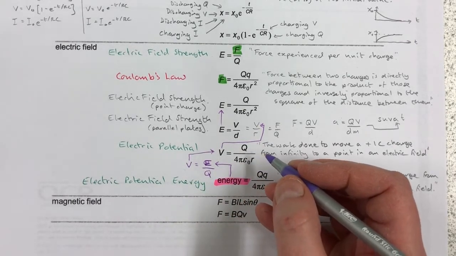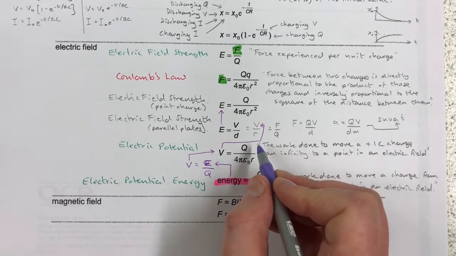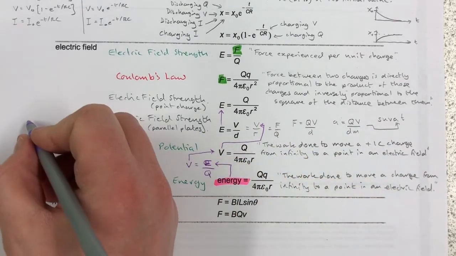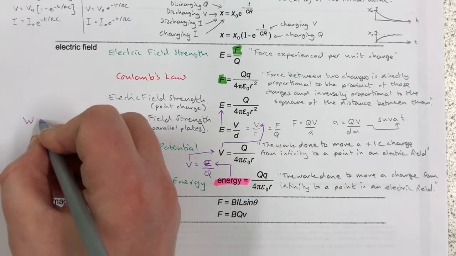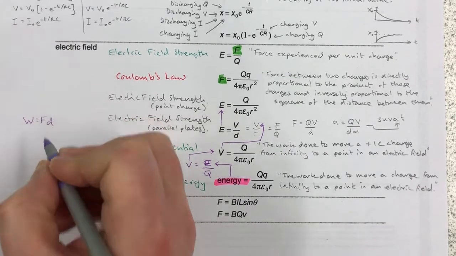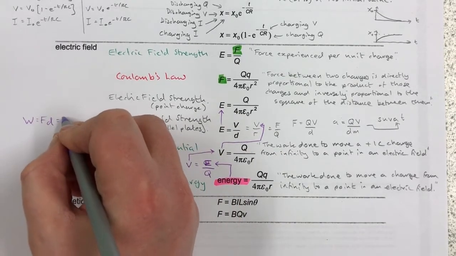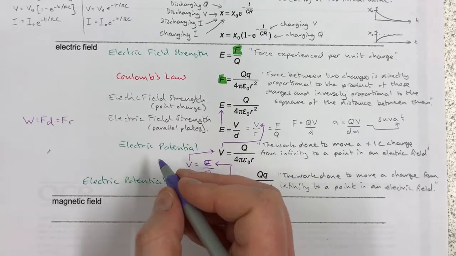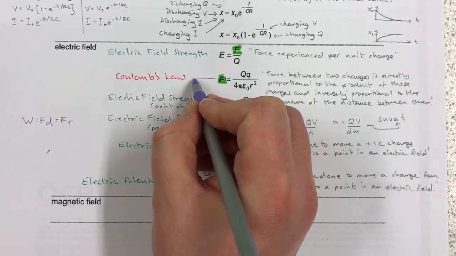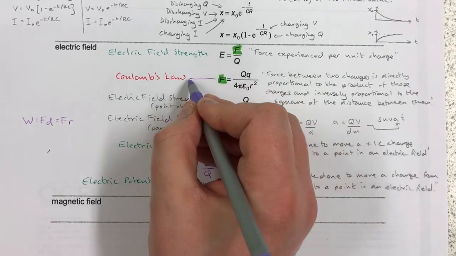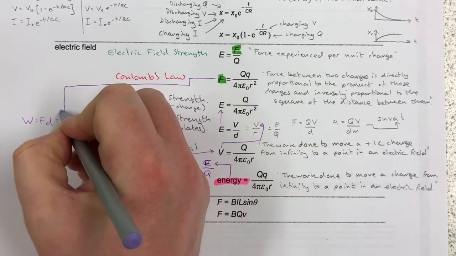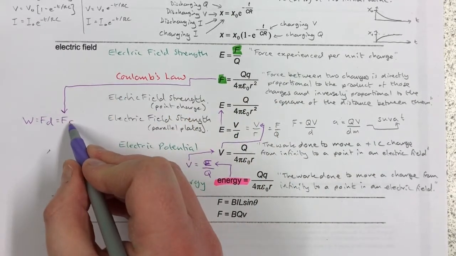The other thing that's used to link some of these equations together over here, I'll just write work done equals a force times a distance, but let's make that a force times lowercase r, or radial distance, and then I can take my force, Coulomb's law force, the force between two charges, pop it in there, times it by lowercase r.